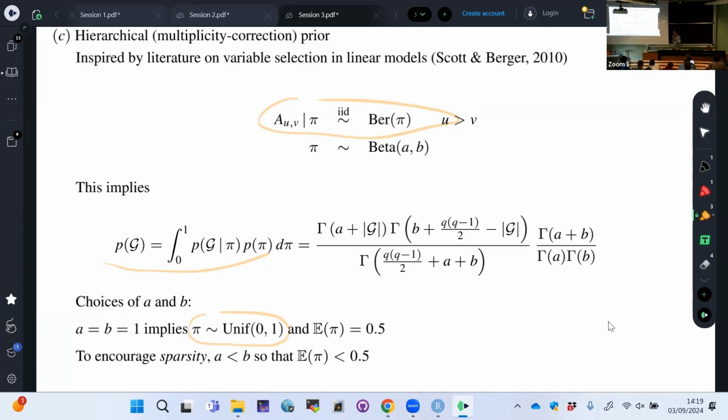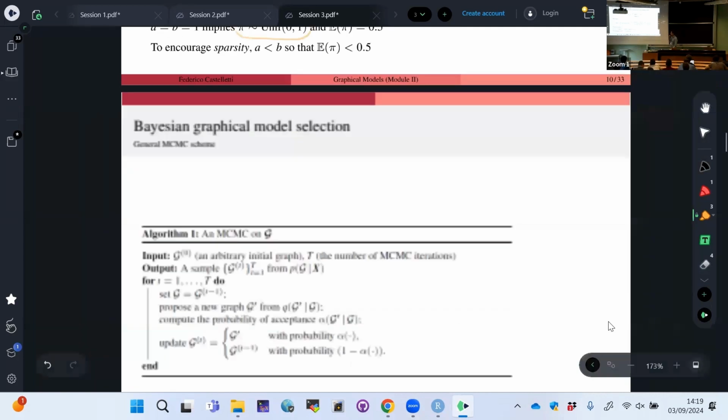And so we should favor simpler graphs, so graphs with a moderate or small number of edges. Is it okay? Makes sense? Is it clear? Okay, so this is about the choice of priors for graphs.